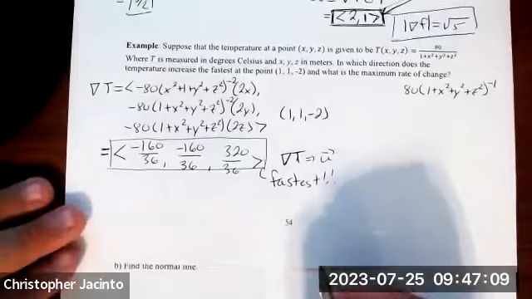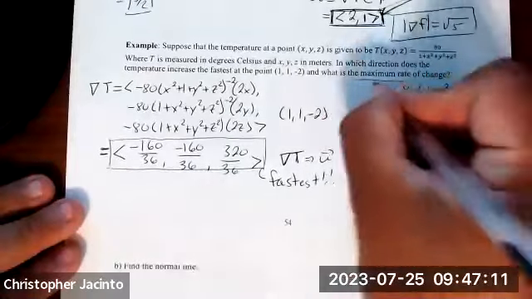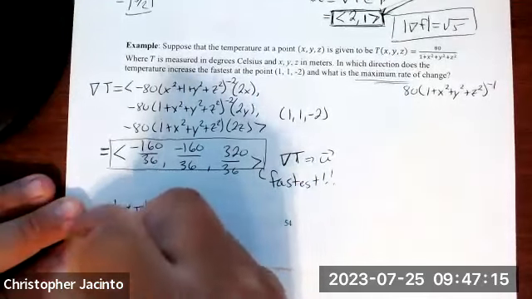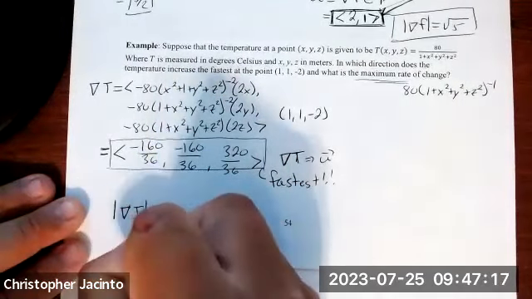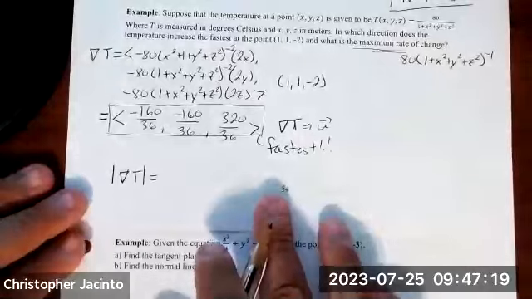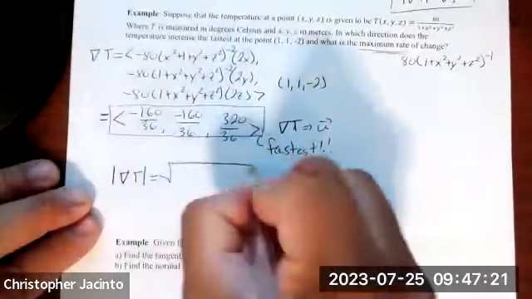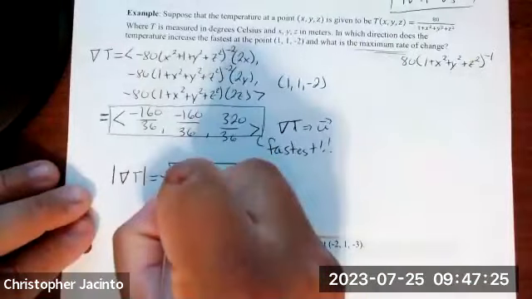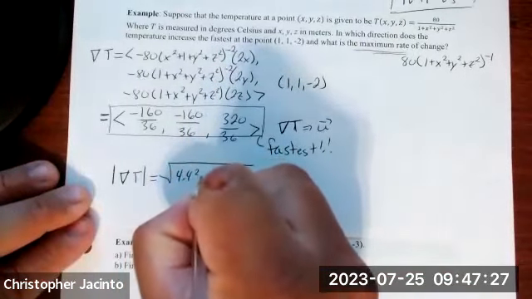And now, what is the maximum rate of change? All we have to do is find the magnitude of the gradient of T. So all I did was divide these up individually and then square them. And hopefully I did this right.